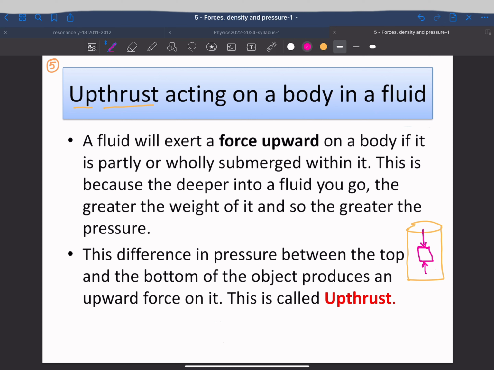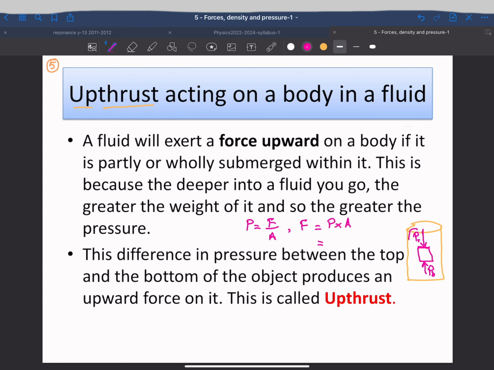Ultimately you can recall that pressure is nothing but force per unit area, so force is equal to P into A. So if you have a top pressure and a bottom pressure, when you subtract these two you will get the net pressure, and this will of course be upward.